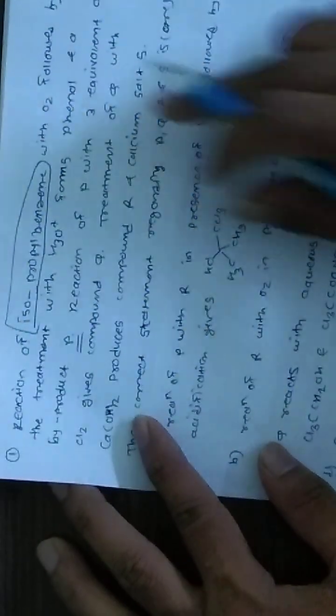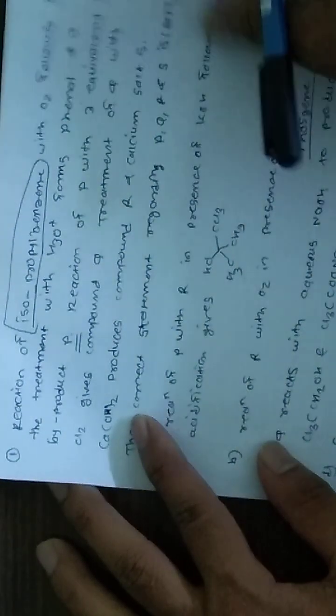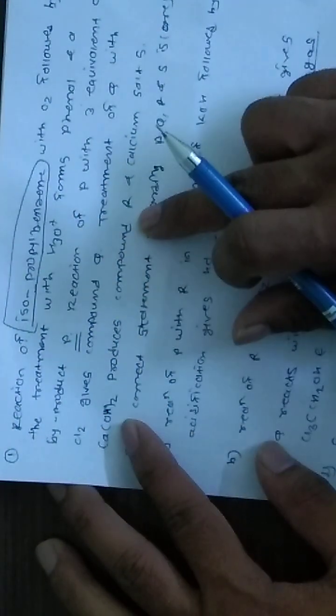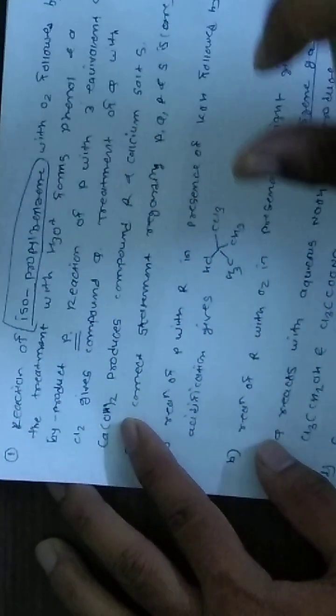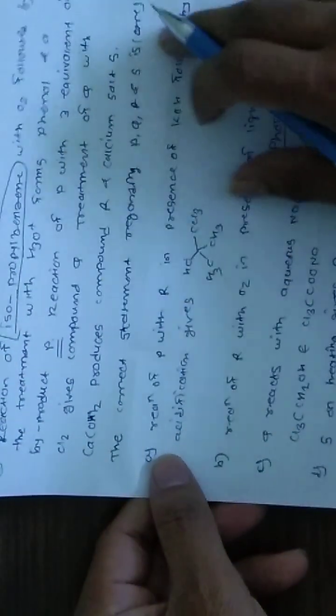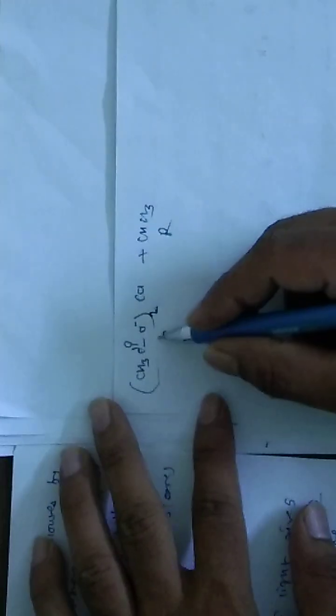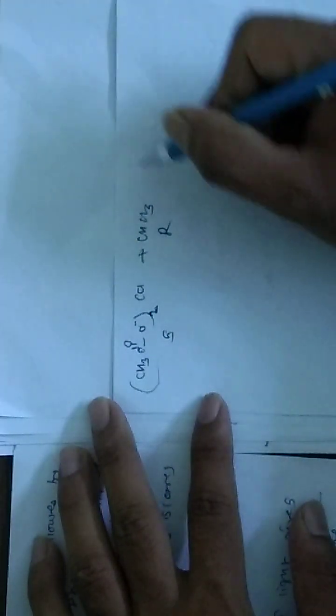Now in the question, the treatment of Q with calcium hydroxide produces compound R and calcium salt S. This is the calcium salt S and this one is R. Next, the correct statement regarding P, Q, R and S. So S is calcium salt, R is chloroform, P is what?